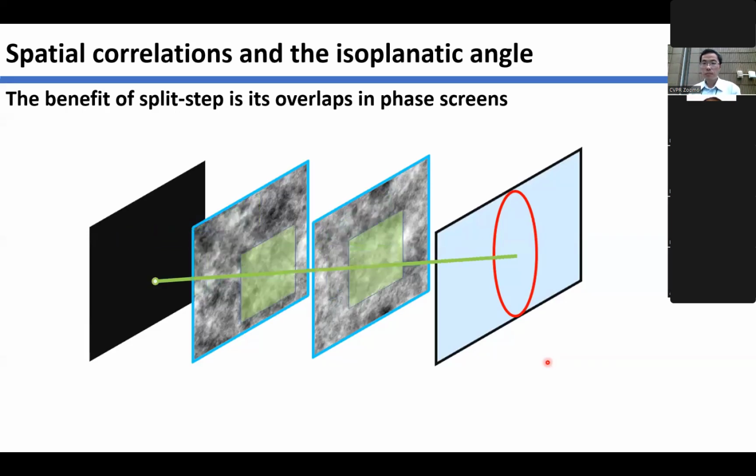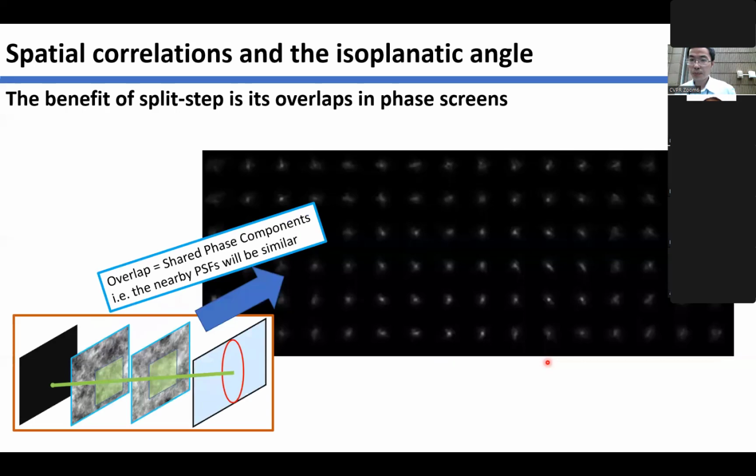Okay, so this is a simulation animation showing you how we're going to do the split-step. And you can see that this is a real simulation by our computer. For every point in the scene, you get a different point spread function.